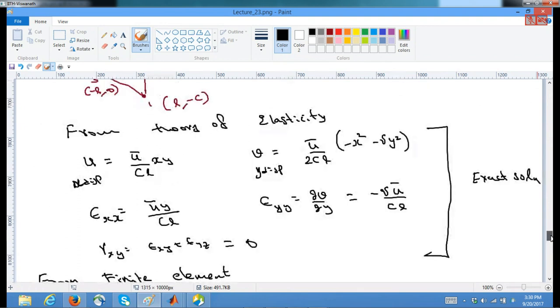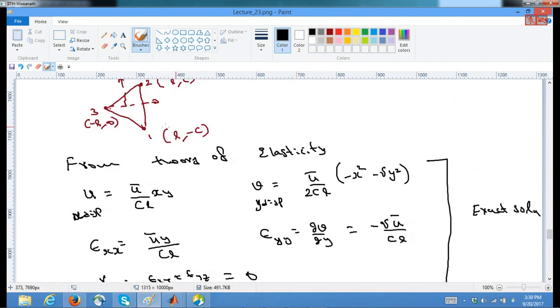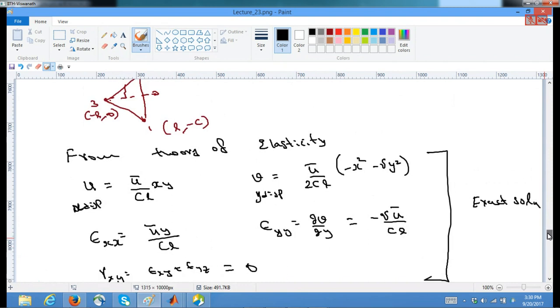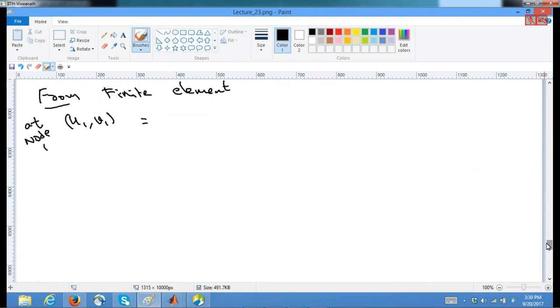So I'll substitute L and minus C in these expressions, so it should be the same. That is at node 1, that is L and minus C.